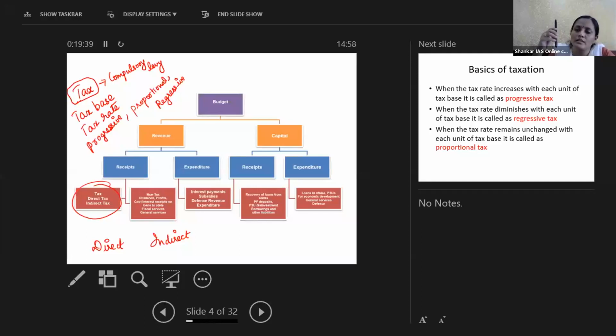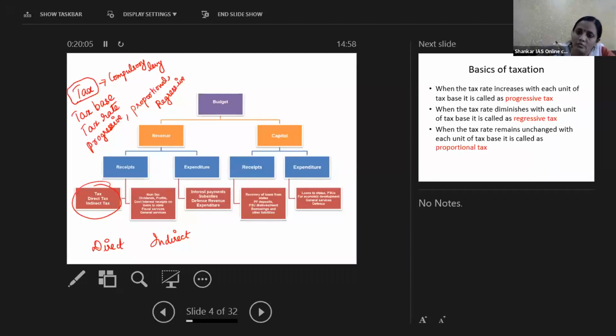So in this sense, it becomes indirect taxation. But if the government is asking me to pay the income tax, I pay it directly to the government. In case of indirect taxes, the end consumer is the person who bears the burden of the taxation. Are we clear?